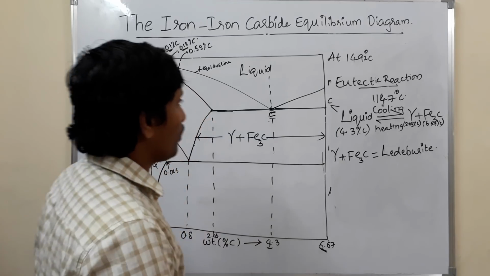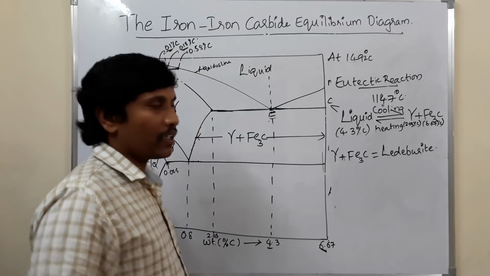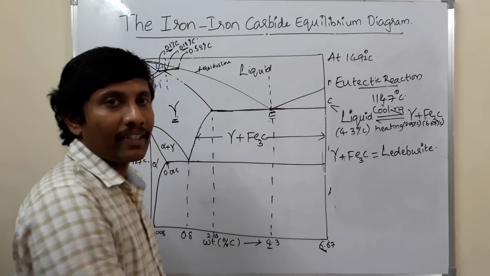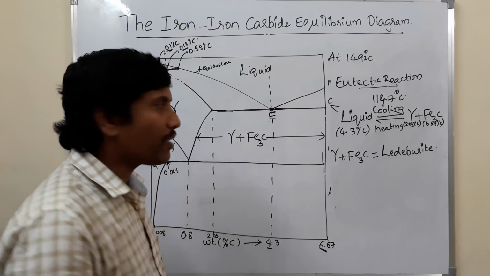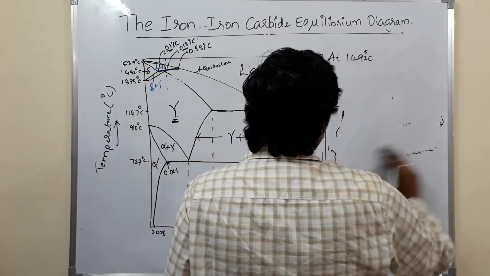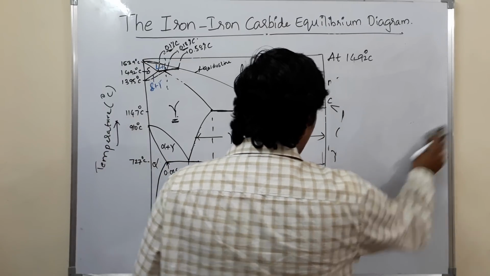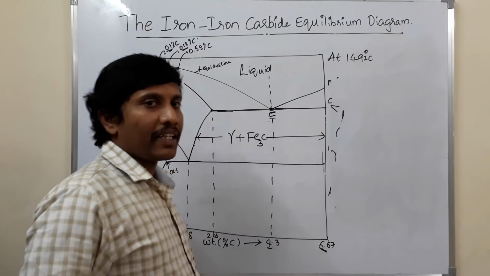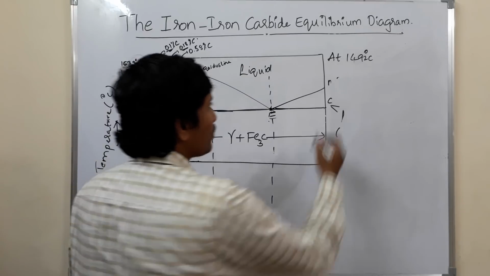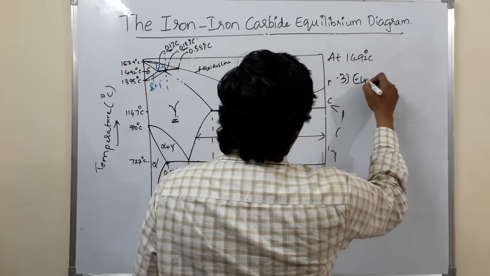Okay, so we will be seeing the third type of invariant reaction which is occurring in this iron carbide equilibrium diagram. The third one is the eutectoid reaction.